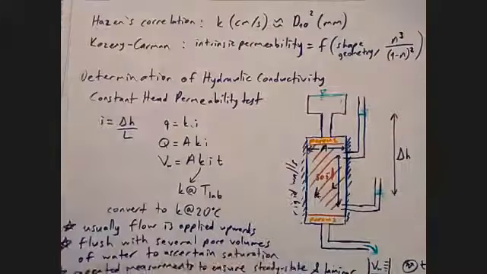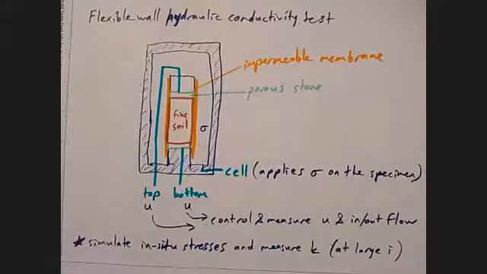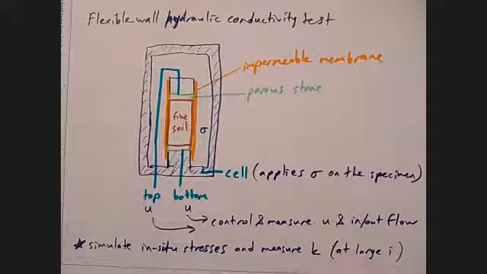So that means with silt it can be 1,000.